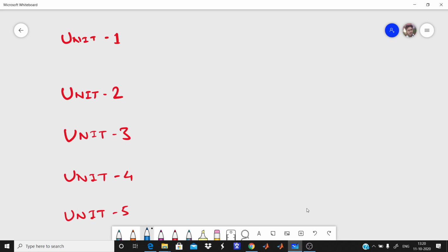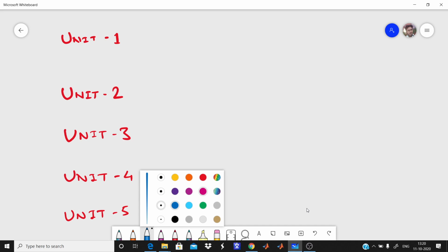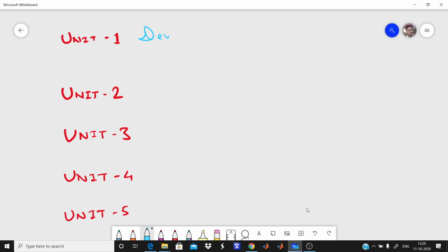Unit 1 is discussing the development of circuit concepts.